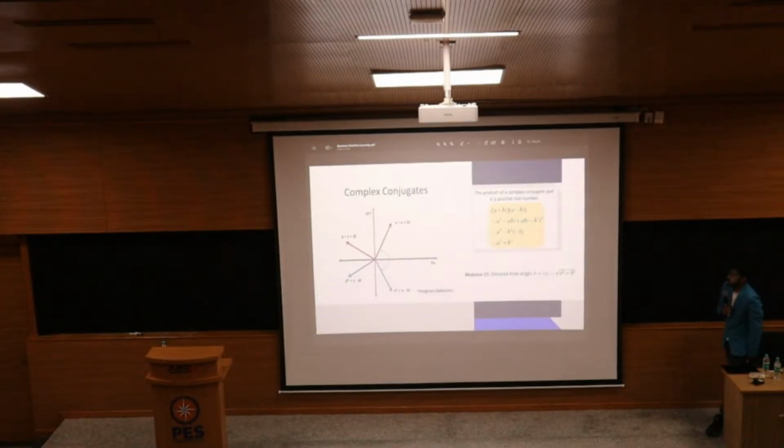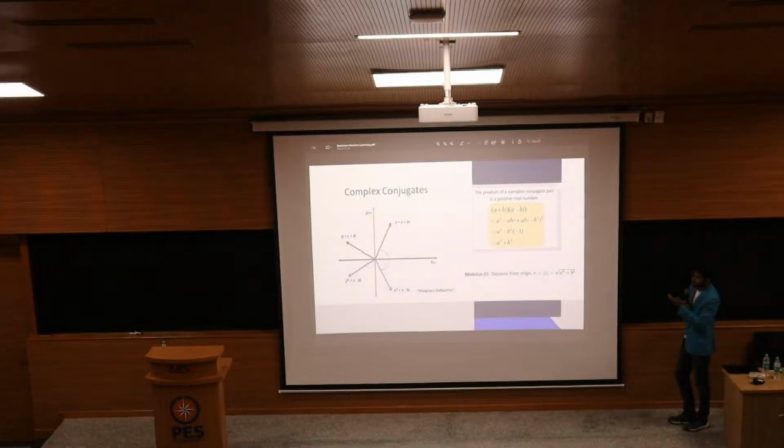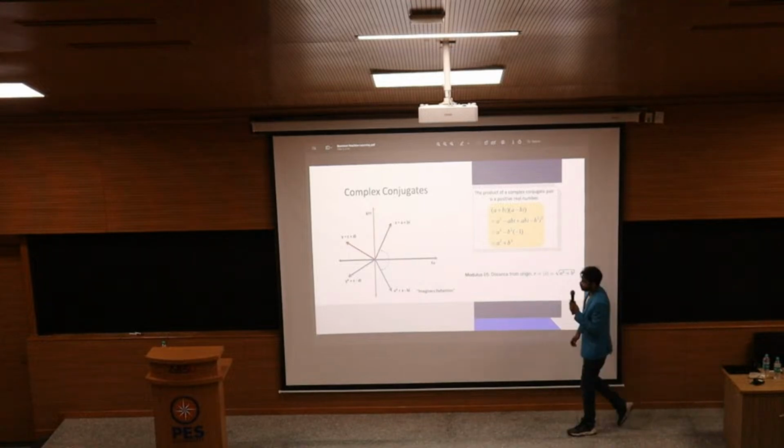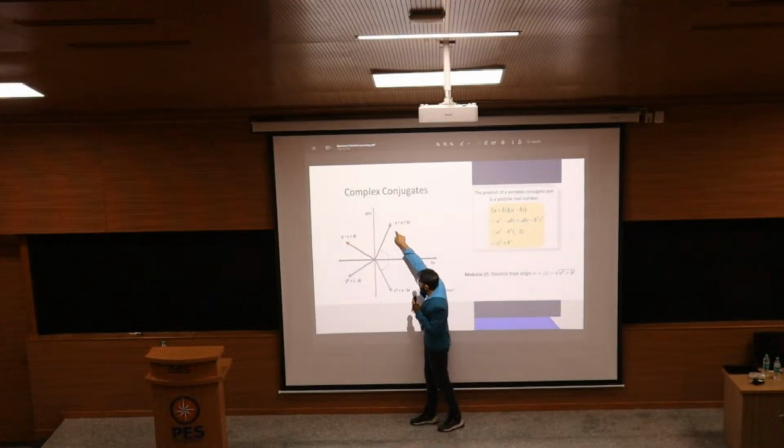Then if we talk about taking conjugates, if you multiply the complex number a plus iota b with its complex conjugate a minus iota b, what you get is a squared plus b squared. And how this is important is, if you want to take the distance of any complex number from the origin, it is a in this direction and b in this direction.